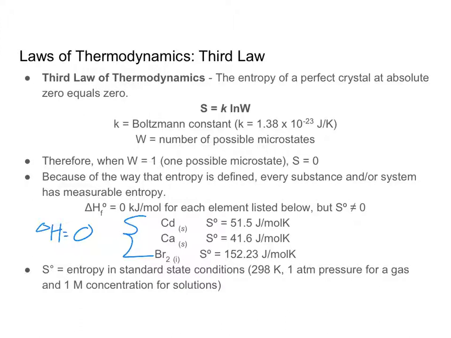Now, it would hopefully make a little bit of sense that the more complex the substance, the more entropy it's going to have, which is kind of what's identified here. Calcium is less complex than cadmium, and both of those are less complex than the bromine gas, so there are increasing states of entropy.